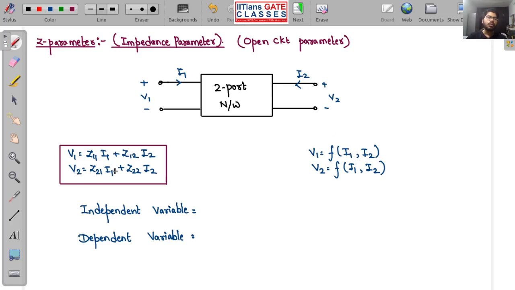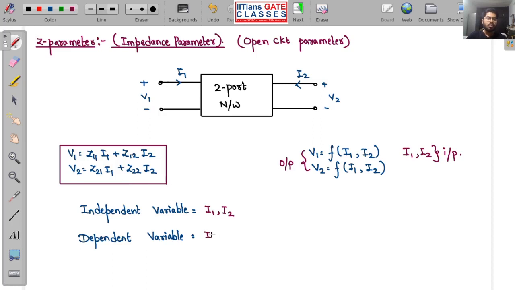Similarly, V2 is also a function of my I1 and I2. So here the set of V1 and V2 are my outputs, and the set of I1 and I2 are my inputs. Now if you look at this, the independent variables in this function are I1 and I2. The dependent variables are V1 and V2, both of which depend on the values of I1 and I2.